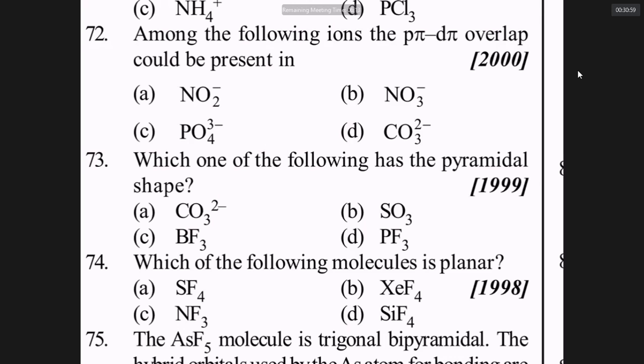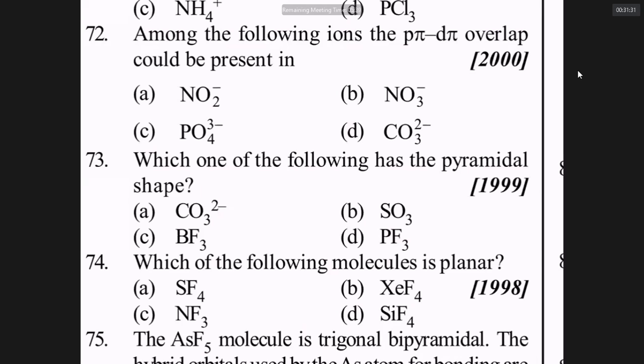In options A, B, D, the central atom is nitrogen or carbon, which is in the second period. Only C, phosphorus, is in the third period. To make a p pi d pi bond, it should have d orbitals. Sulfur also has d orbitals. Third period elements have d orbitals; second period elements don't, because only the second shell is filled. So in question 72, d pi p pi bonding is possible only in phosphate.